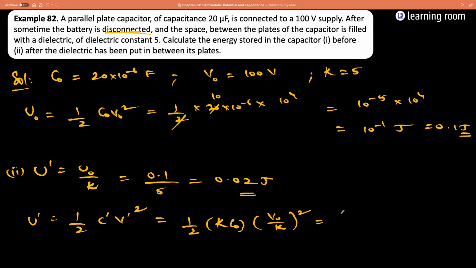Then what I can write is half C naught V naught square divided by kappa. That is U naught by kappa. Yes, sir. Got it? Right. Shall I proceed?